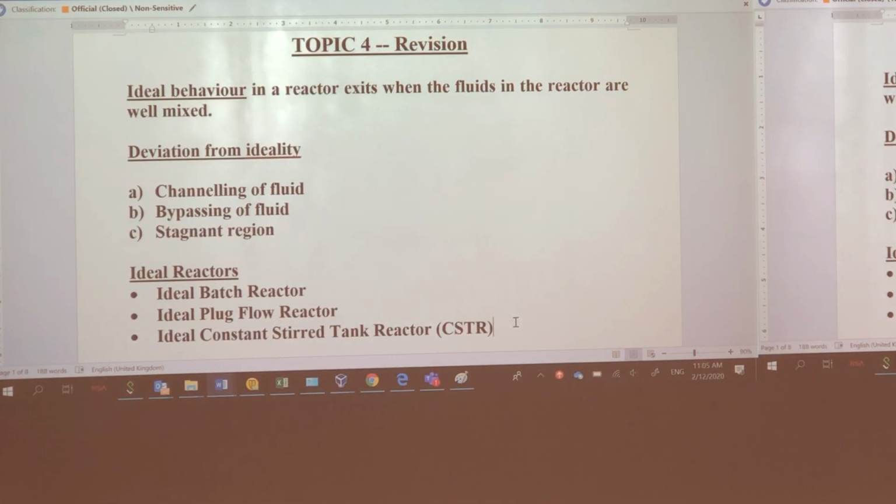So this is a very important point. But the mixing part is the same as a batch reactor. At any moment, anytime, inside, everywhere, the composition and temperature will be the same.